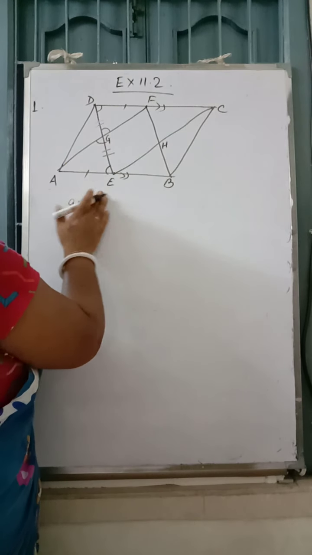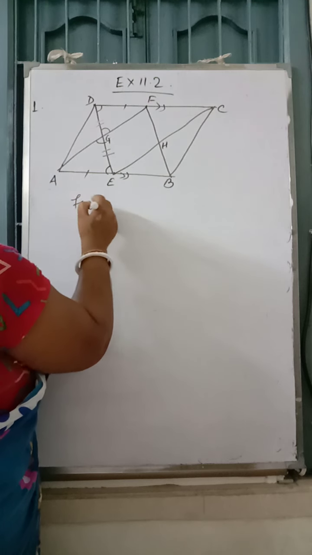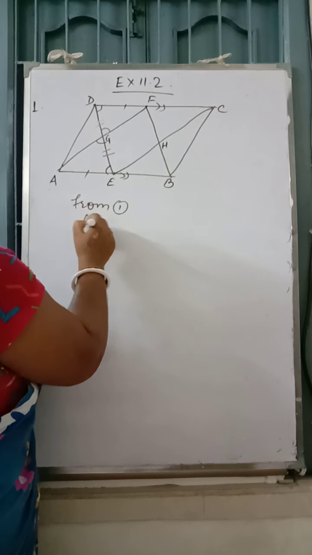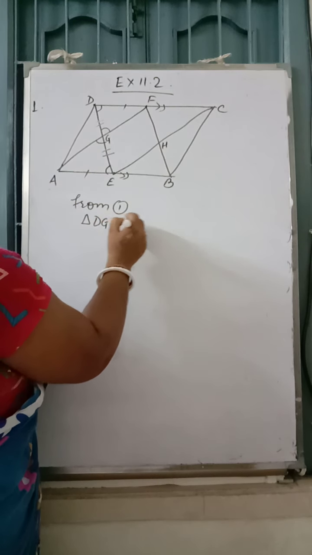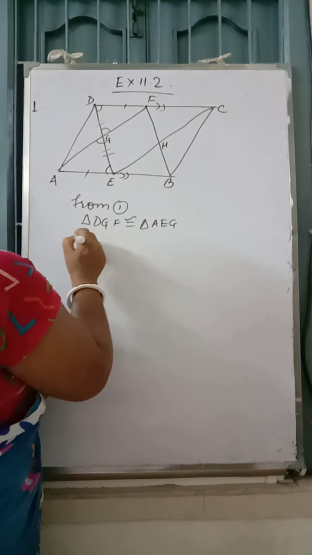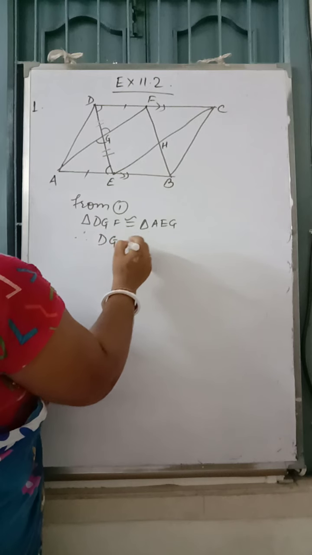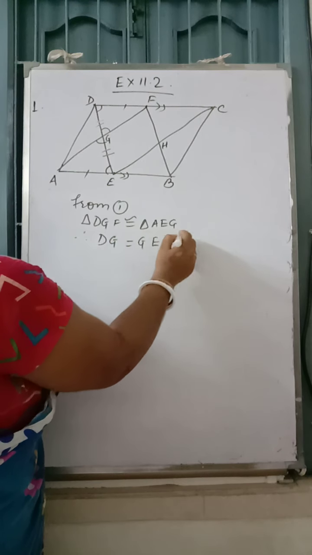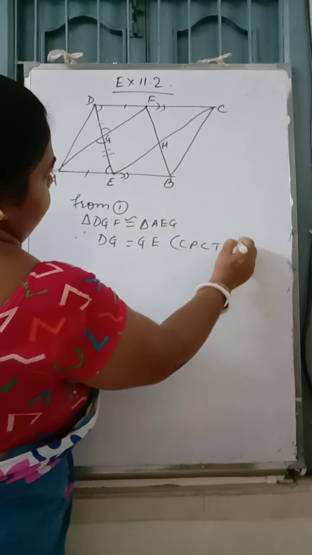From 1, triangle DGF is congruent to triangle AEG, so DG is equal to GE by CPCT.